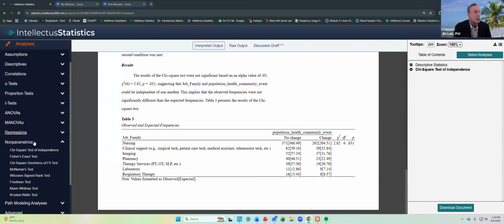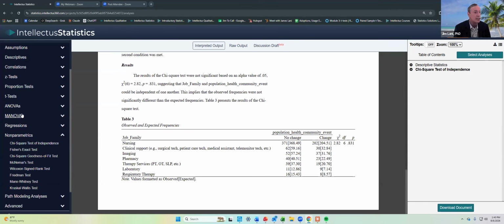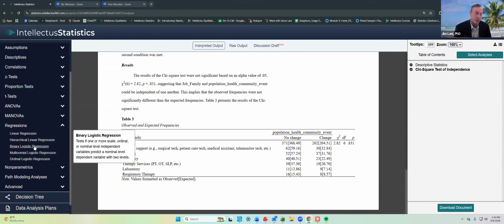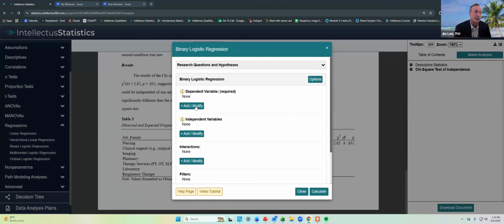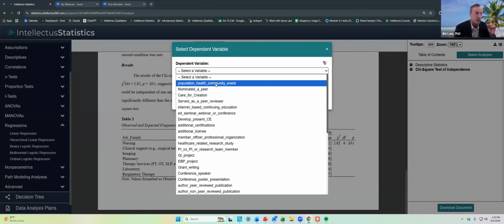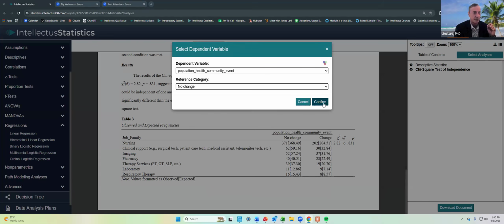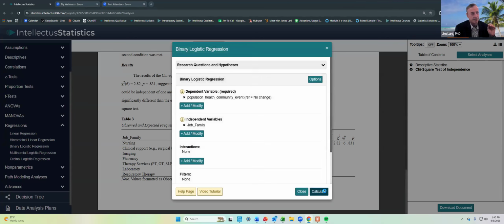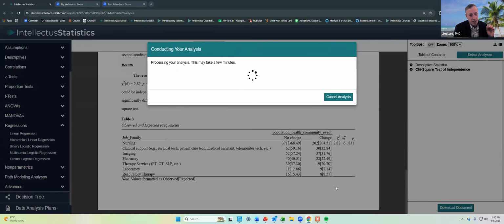I think what you really want to be doing is conducting a series of binary, well, two things here. One is probably a binary logistic regression at the individual level. My outcome variable is the event, and my predictor is my job family.